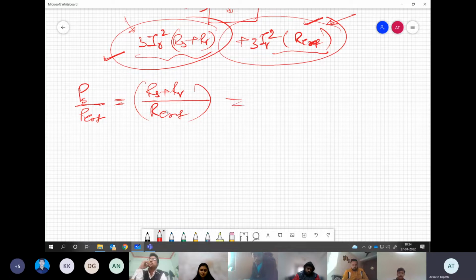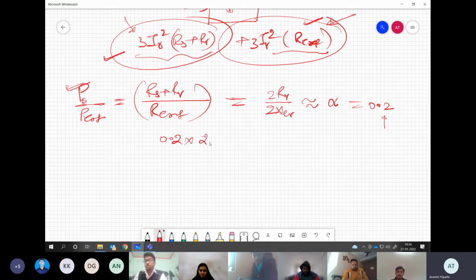So if you again compute this, we know that this R external will turn out to be approximately 2 times XLR, which is, let's say, 2 times RR. So this is nothing but our ratio alpha again, which is 0.2, which means whatever power we are burning in total, 20% of that is going to the motor, which means 0.2 into 2.5.